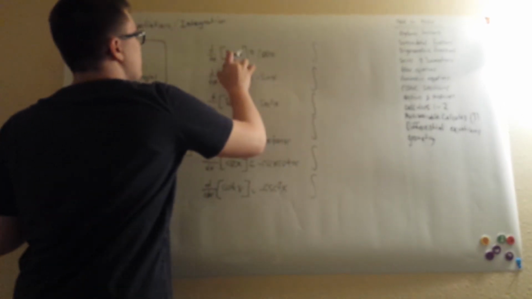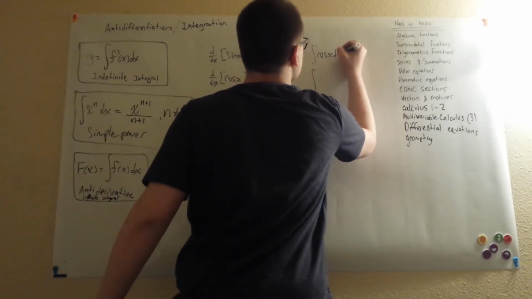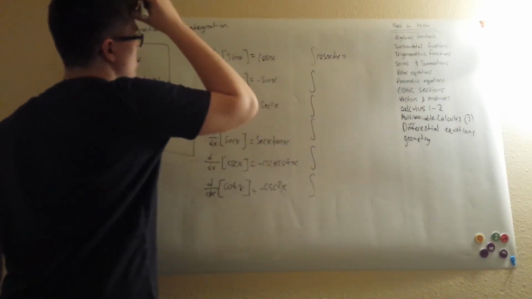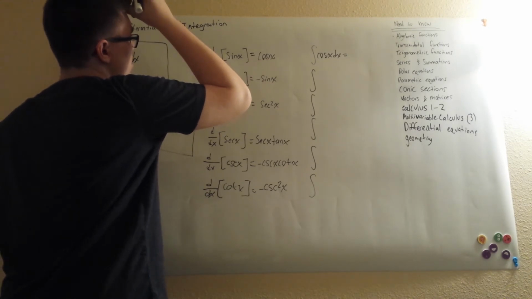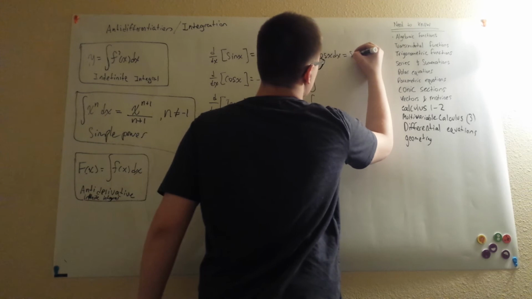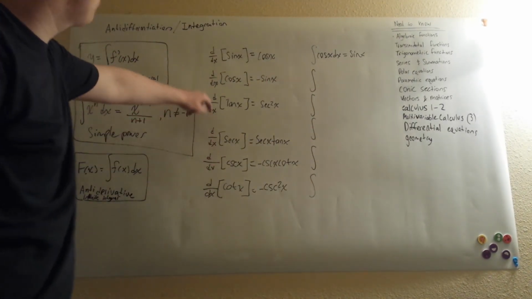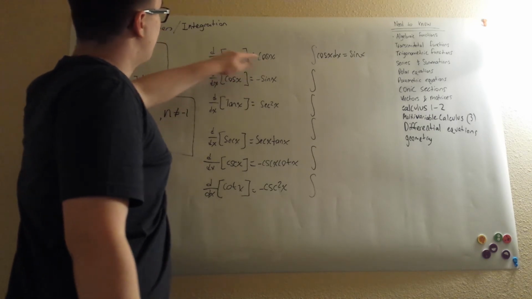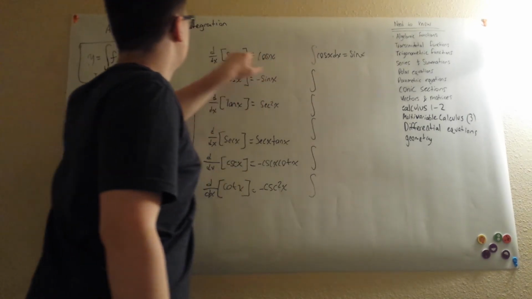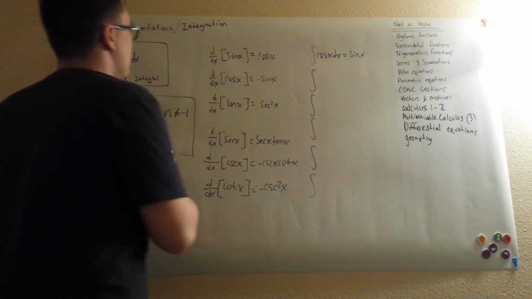If the derivative of sine x is cosine x, then the integral of cosine x is sine x. I gave you a few seconds to think about that one, because you're undoing the derivative. You're getting back your original function.